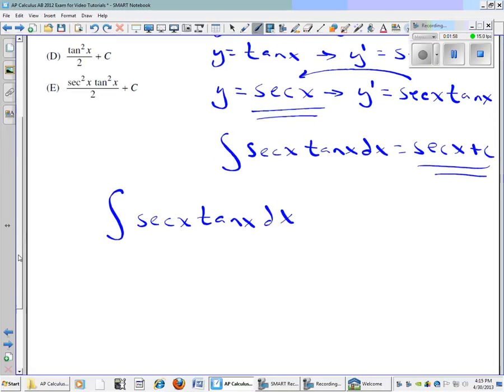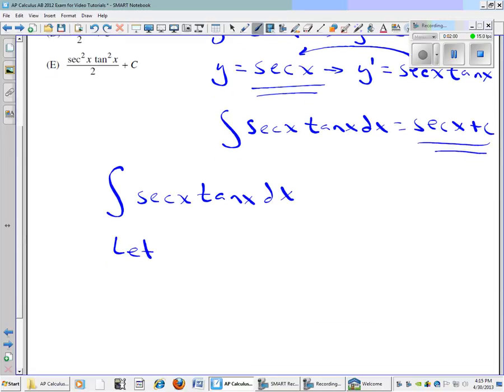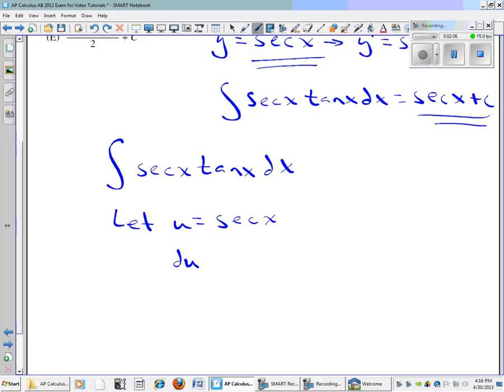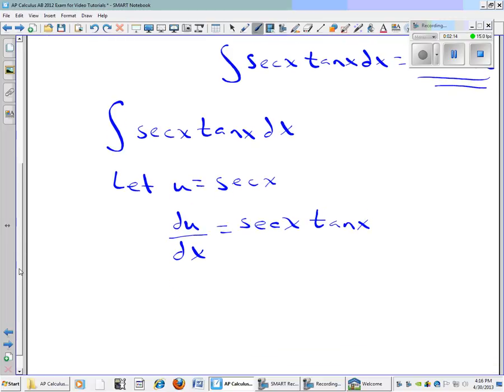And let's let u equal the secant of x. The derivative of u with respect to x would then be the secant of x times the tangent of x, which means du would be equal to the secant of x times the tangent of x dx.